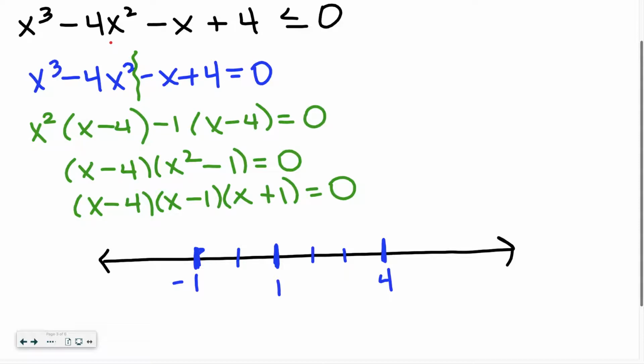Is that number going to be positive or negative? It's going to be pretty negative, right? We have -8 minus 16 and then only plus a little bit. So we have a negative number. Is that less than or equal to 0? Yes. So this is going to work. All of this is working, so I'm going to shade it in. And since we have equality, I can put a bracket on -1.